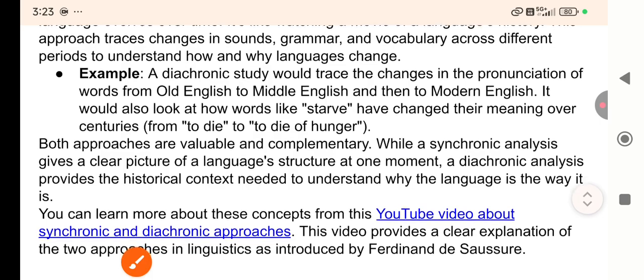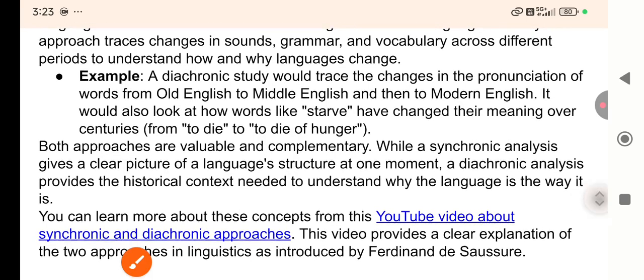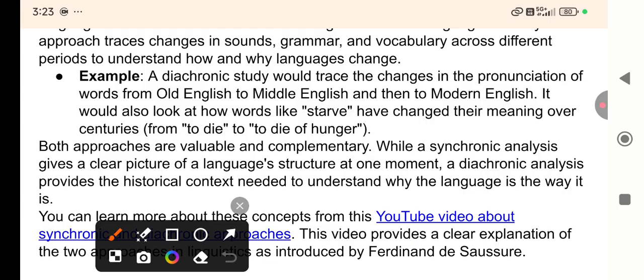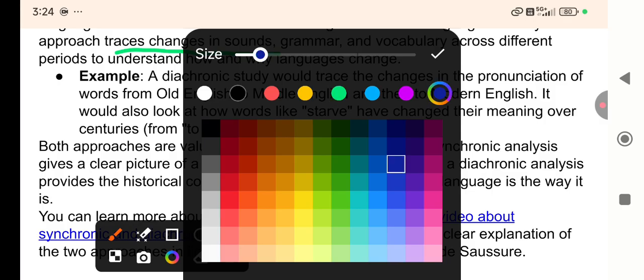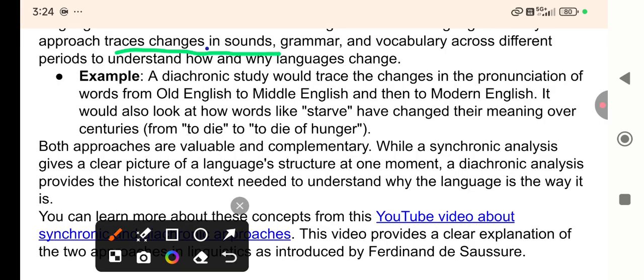This approach stresses changes in sound. In this study, you have to find out about sound, the sound of new words, the grammar we follow now, and vocabulary, for which I had already given you an example in the beginning.